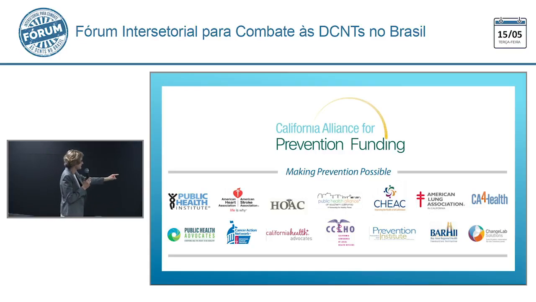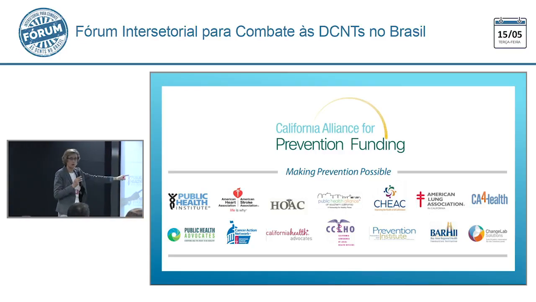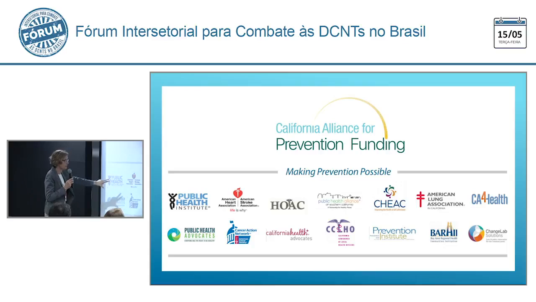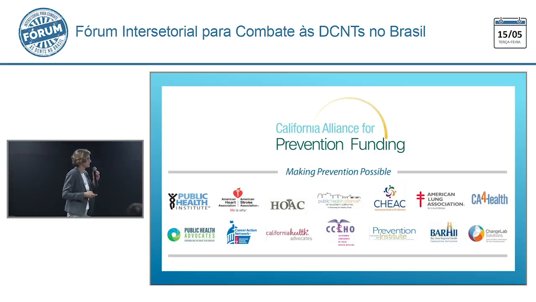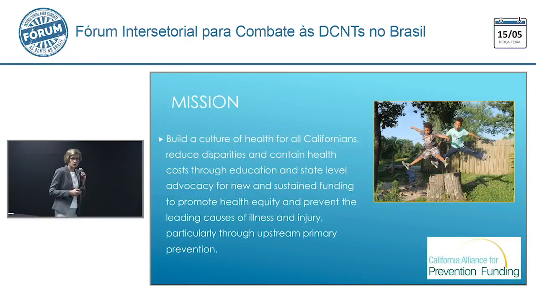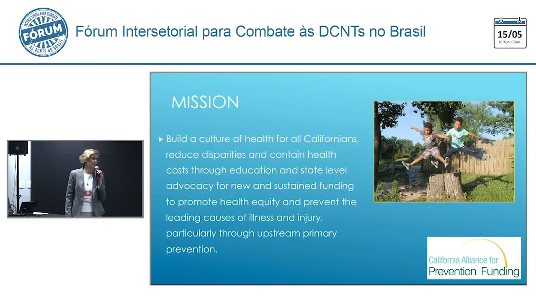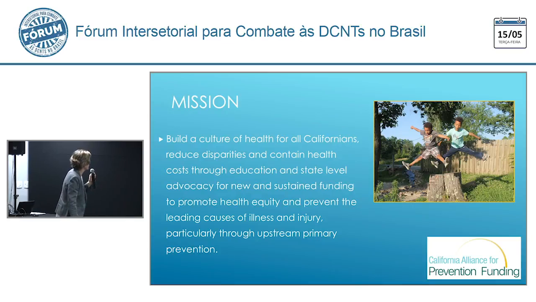So we're not able to have sustained, constant impact to really address all of the risk factors for chronic disease. And here are the logos for all of the organizations that are involved with this project right now. Some are statewide and national nonprofits, and others are organizations that are collections of public organizations. So this is the mission of the California Alliance for Prevention Funding.